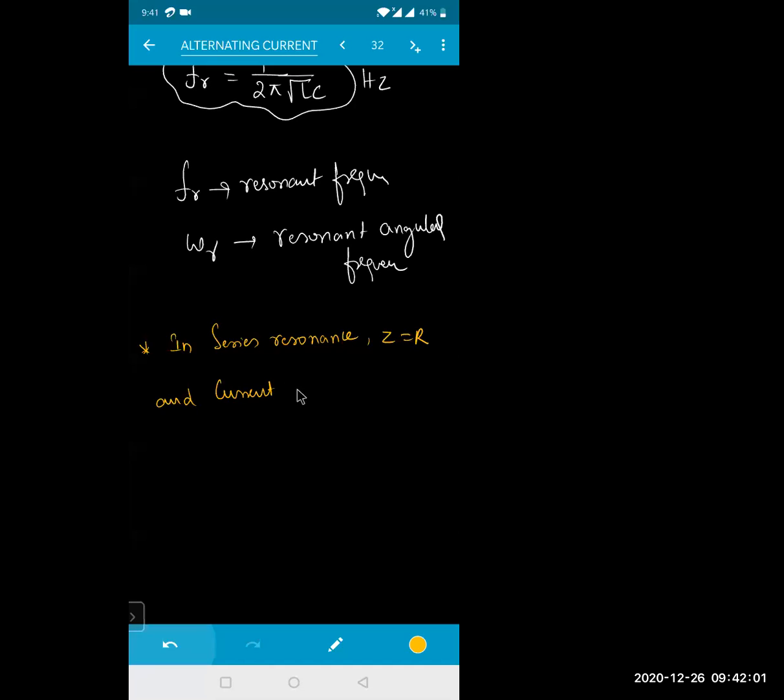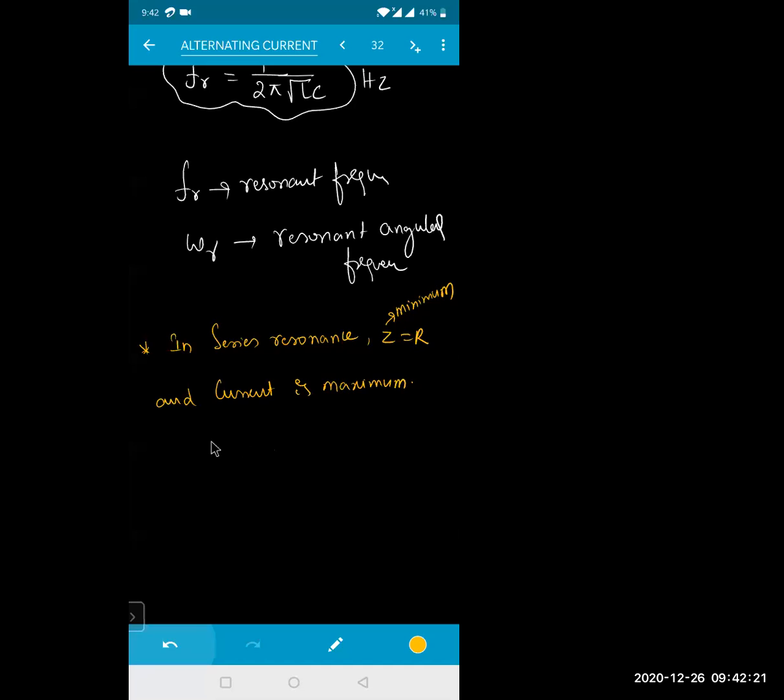So impedance in the circuit is minimum and it is equal to R, and current is maximum.